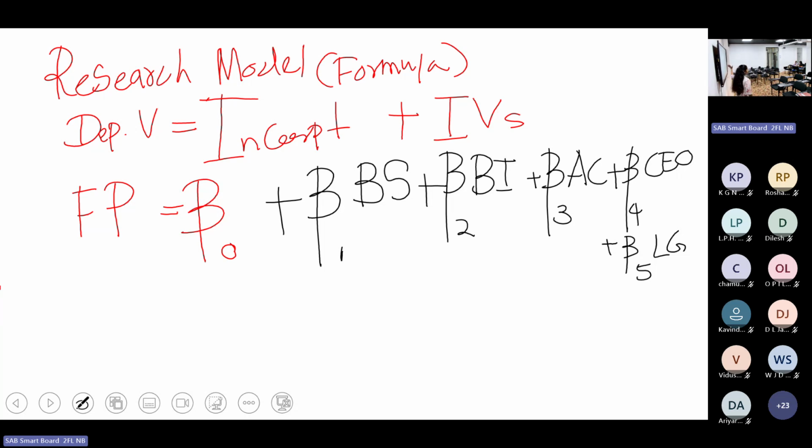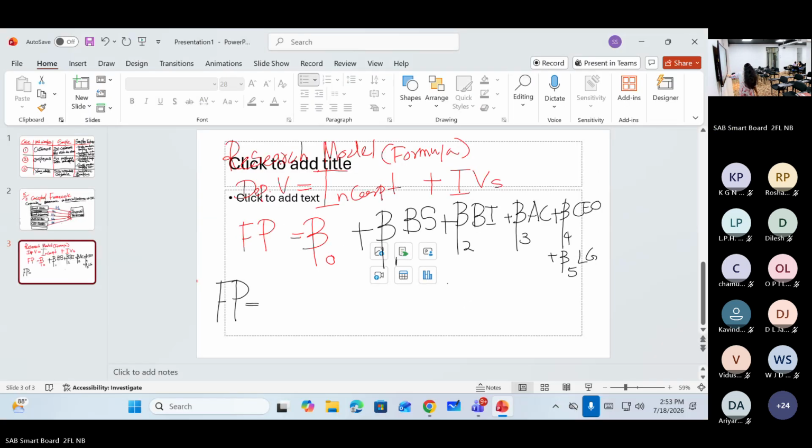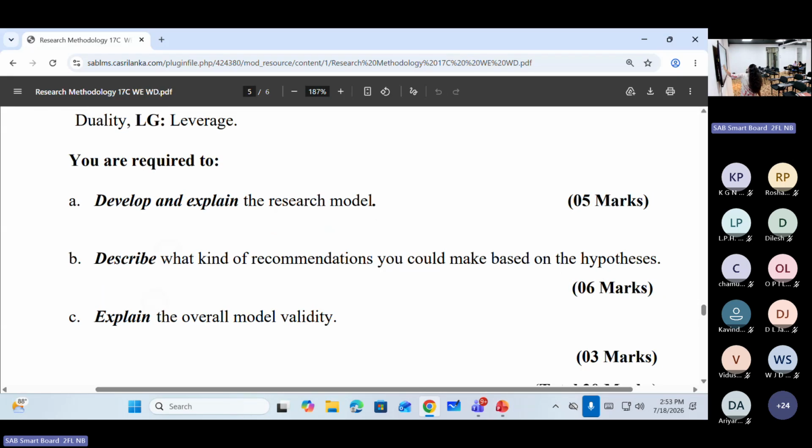Can we substitute the results from the regression analysis into this formula? Yes, we can. Financial performance equals... look at the results.